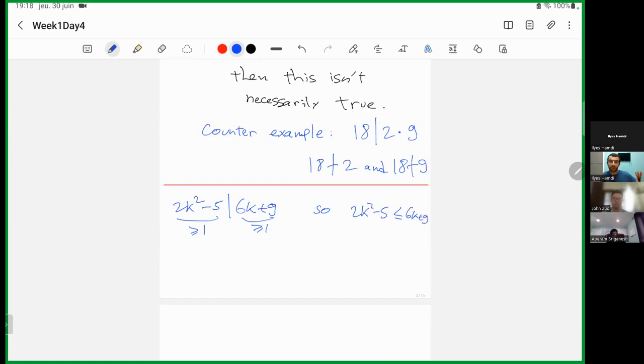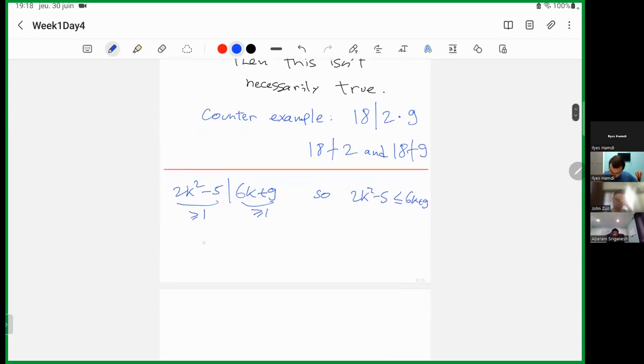And I think this will not happen very often because the square will be too big. So let's find out, when does this happen? Well, this happens if 2k squared minus 6k minus 14 is less or equal to 0.